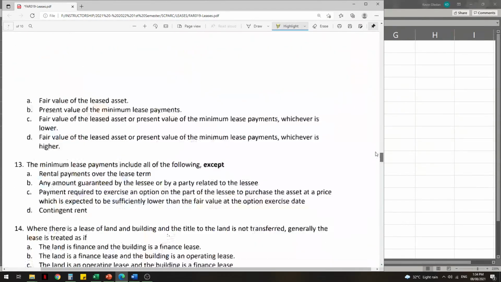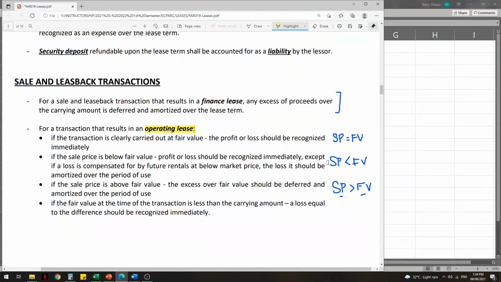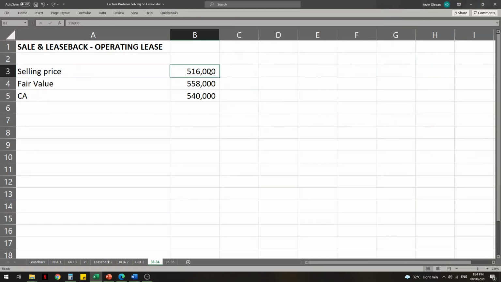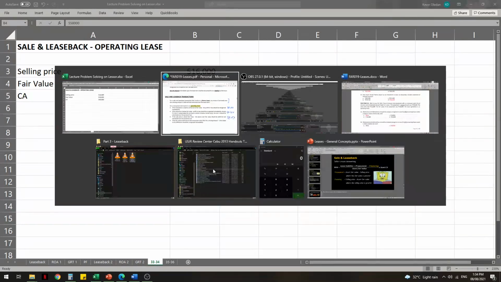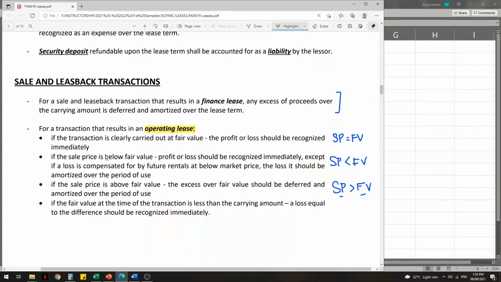Okay, looking back on the rules. Selling price is less than fair value because look at that, 516 and 558. And when that is the case now, if the sales price is below fair value, the profit or loss should be recognized immediately. Dapat immediate recognition. Pero may exception tayo, except if a loss is compensated for by future rentals at below market price.